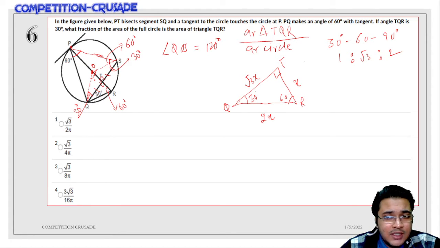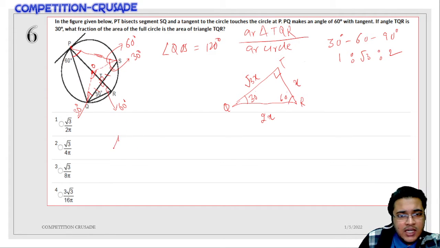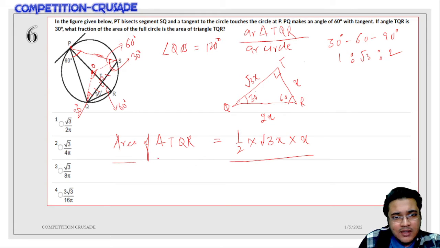So what can I do with it? The agenda was to calculate the area of the triangle TQR. So the area of the triangle will be half into base into height, which is root 3x into height x, by the area of the circle.